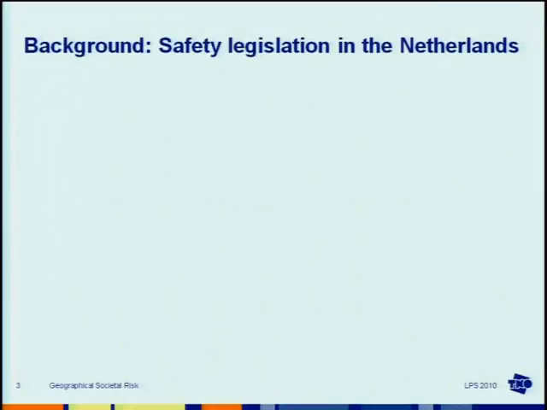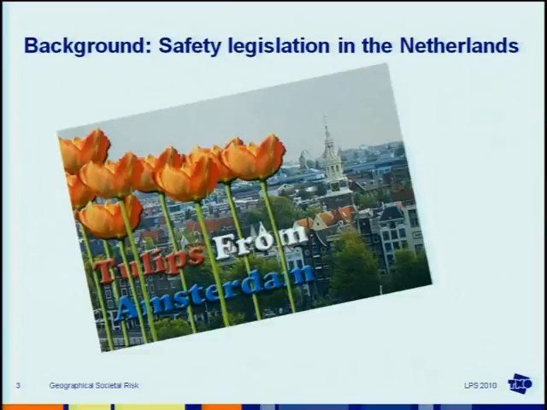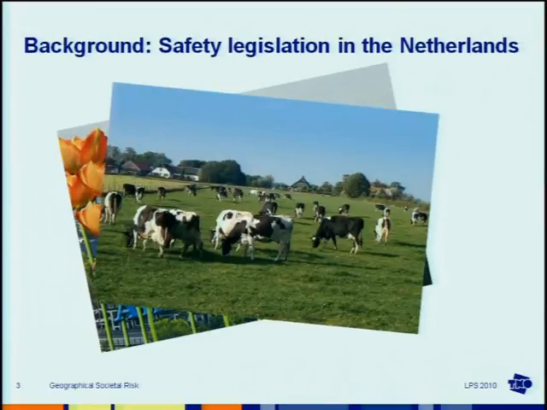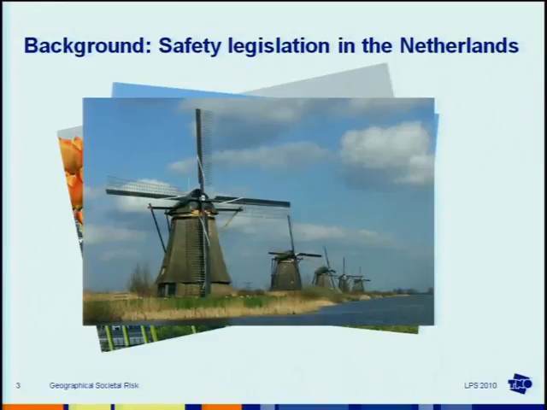Some background about safety legislation in the Netherlands. Coming from the Netherlands, I'm aware of the fact that you often see our country as the country of the tulips, or perhaps the country of the cows behind the dikes who are below sea level, or even the country of the windmills. Unfortunately, that's not the whole truth.